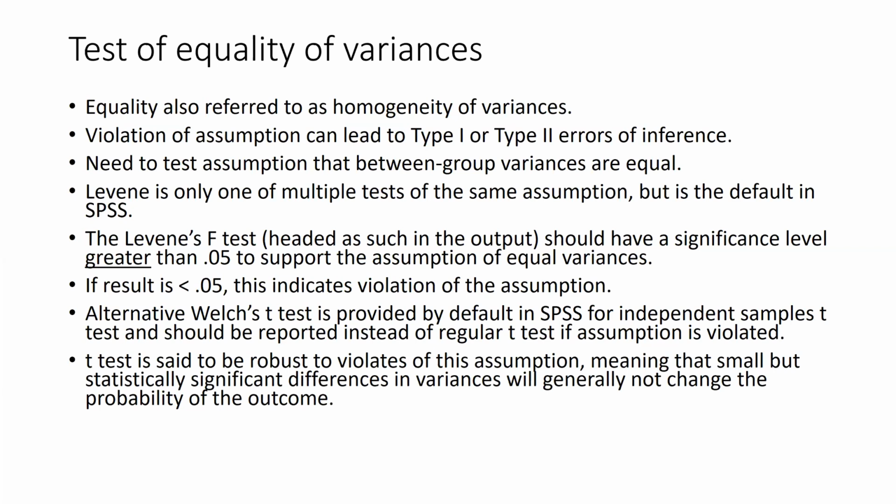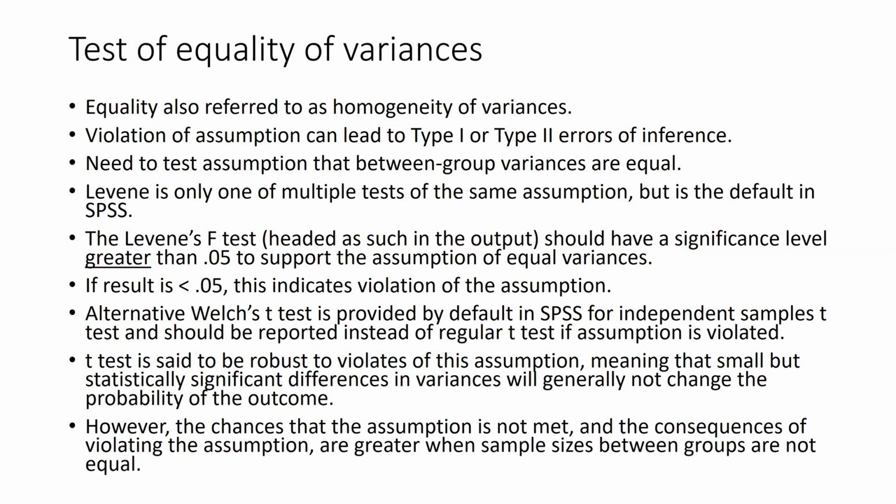The t-test is said to be robust to violations, sorry for the typo, in the assumption of homogeneity of variances, meaning that differences in variances, even if they're statistically significant, will generally not change the probability of the outcome. Now that's generally.